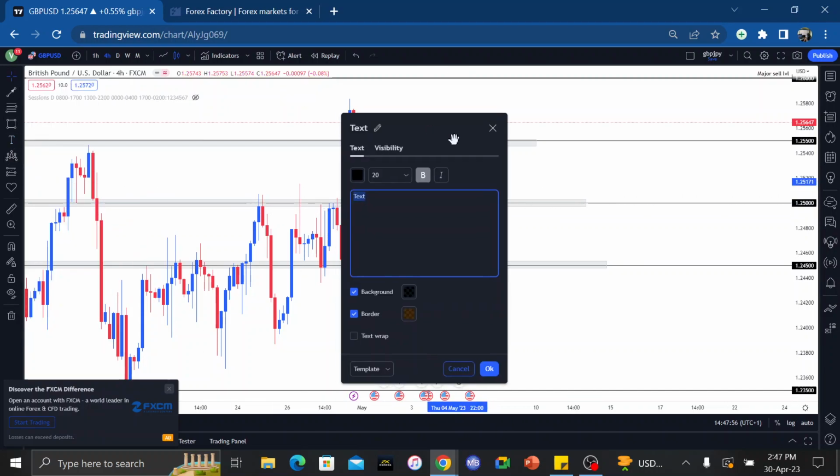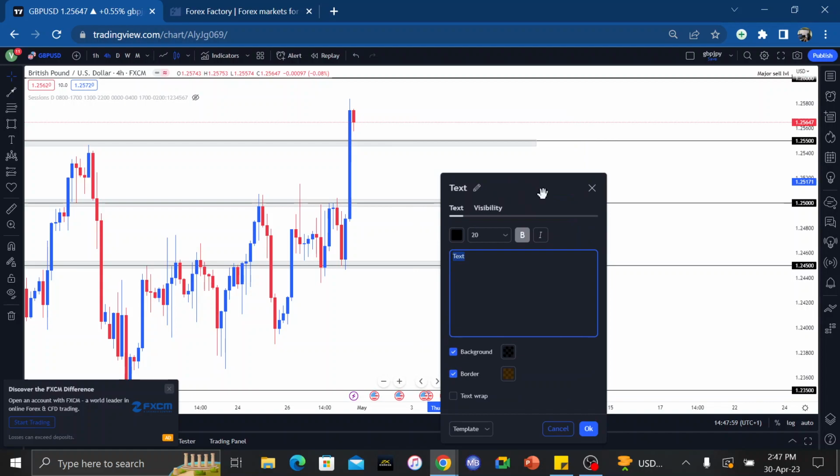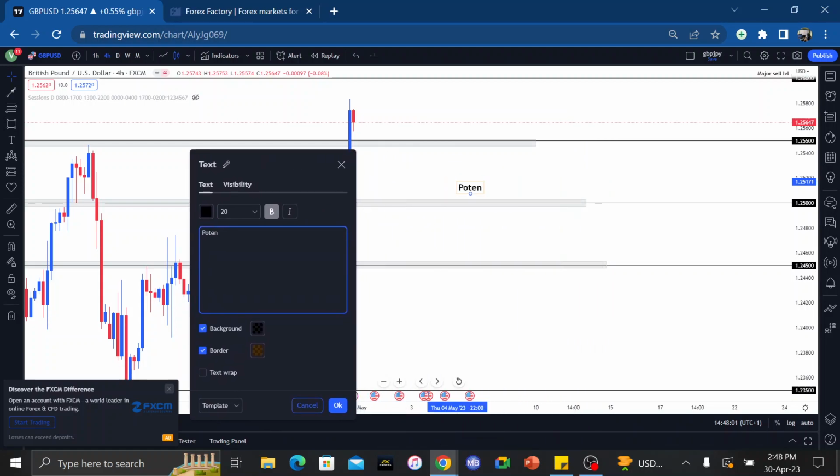Like I said, potential buys on retests of 1.25500, a retest of 1.25000, and a retest of 1.24500.